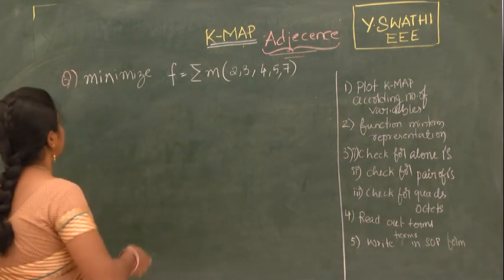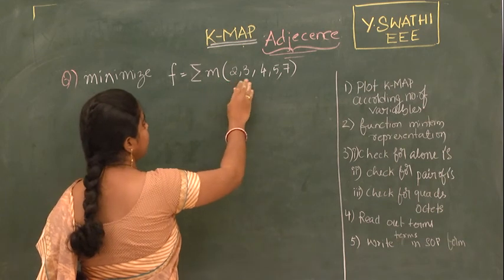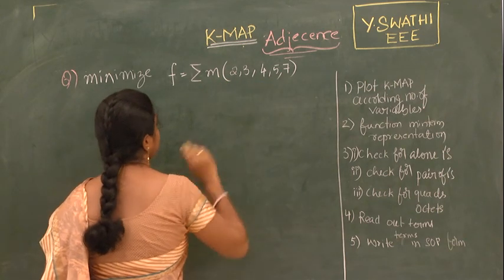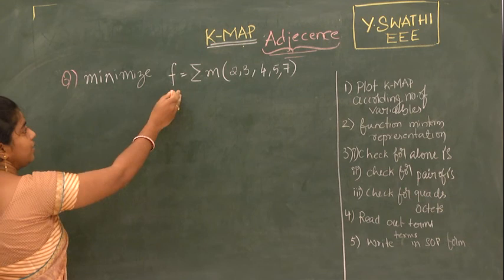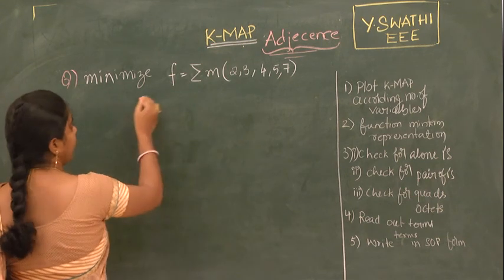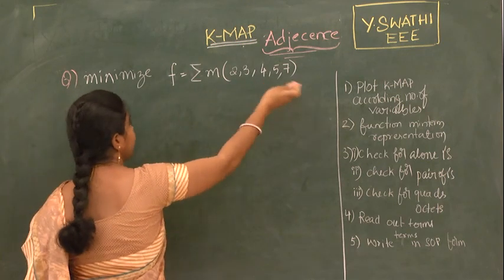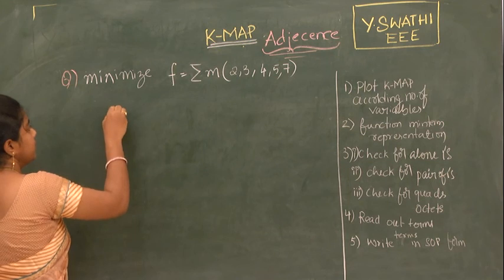So this is the given example, that is F is sigma of minterms 2, 3, 4, 5, 7. Now we will represent it in the K-map as it is a 3 variable function. Because it is up to 7 only, we can take it as a 3 variable function.